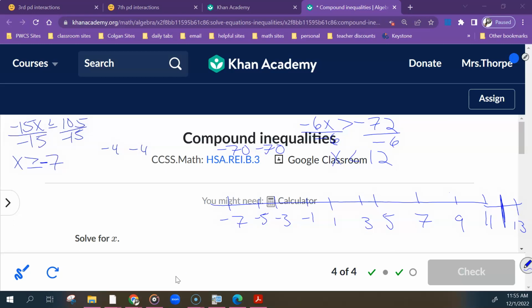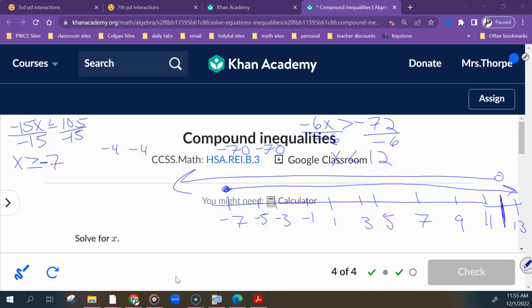So for this one, I'm going to graph them like normal. X is greater than negative 7 would be closed to the right. X is less than 12 would be open to the left. For OR, because it's the union, it's looking for where are one or both of these true.